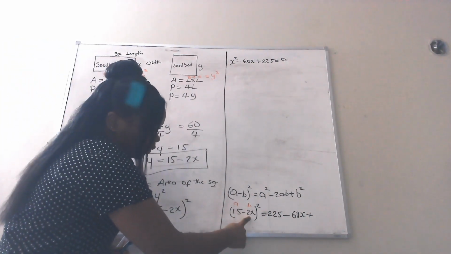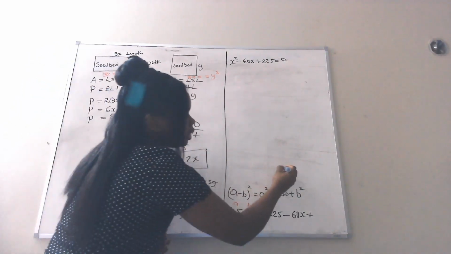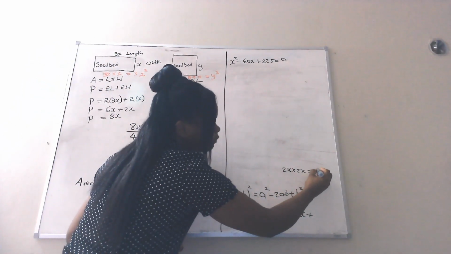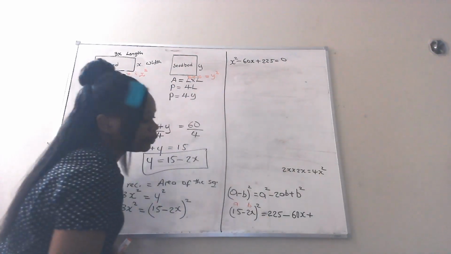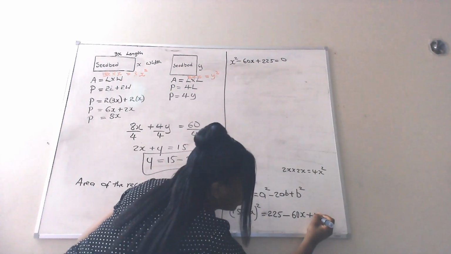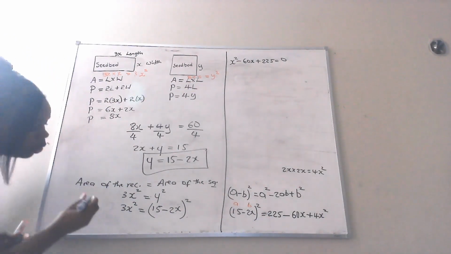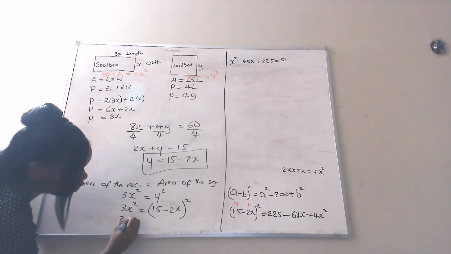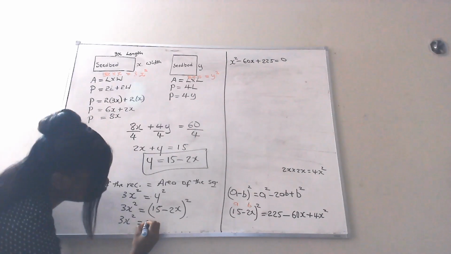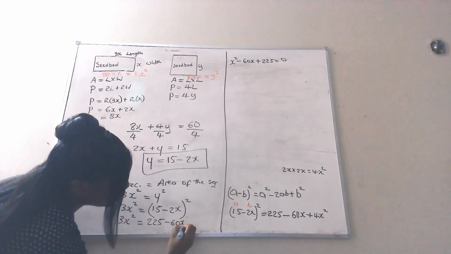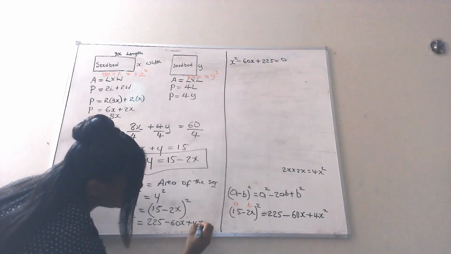So b squared is, if you multiply 2x times 2x, that is 4x squared. So we now have 3x squared is equal to 225 minus 60x plus 4x squared.